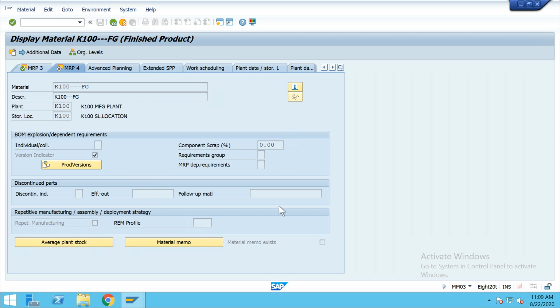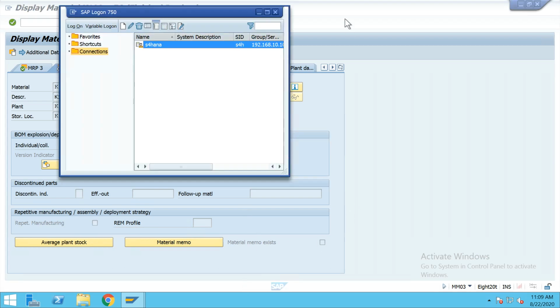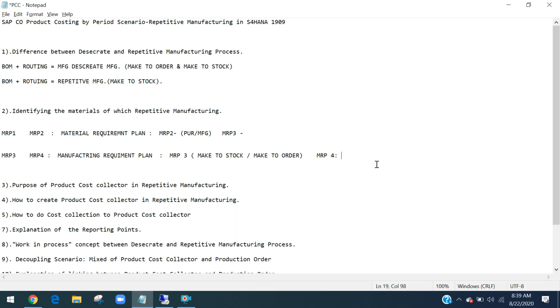If it is not there, no repetitive manufacturing profile and repetitive manufacturing, then the system identifies make to stock with discrete manufacturing. That means the MRP4 tab identifies discrete or repetitive.